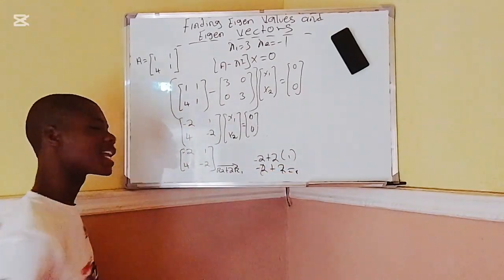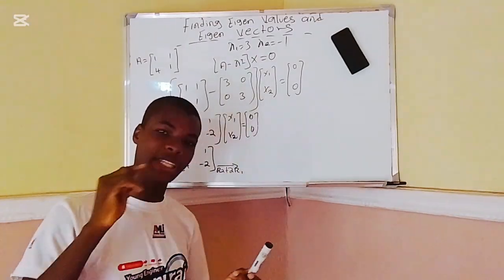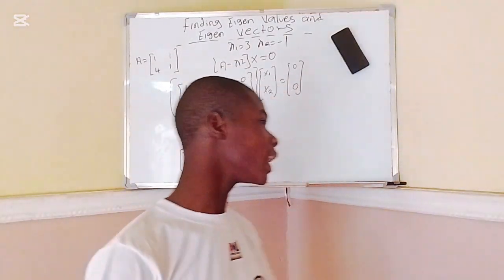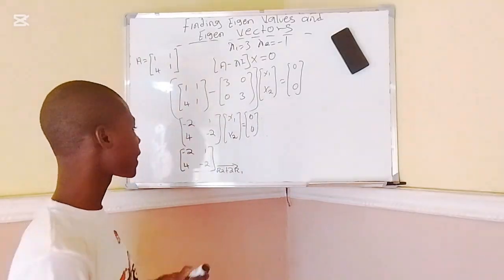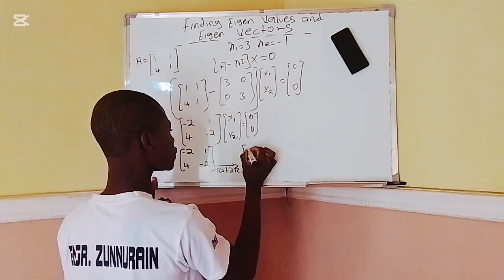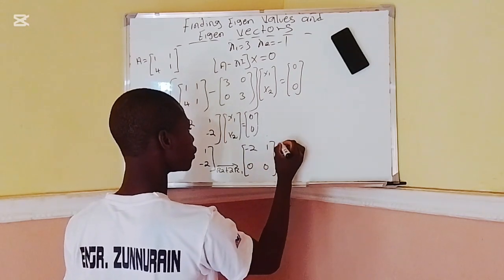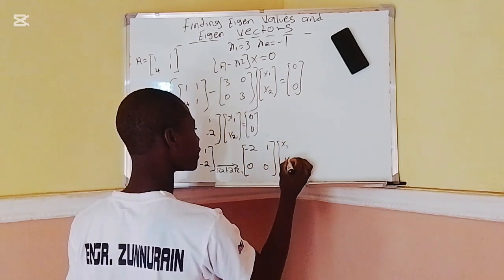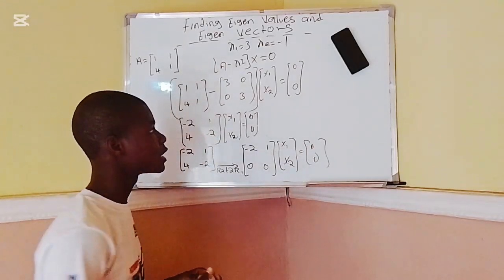Wow, it's the same thing as 0. So this makes it easy. You have to take note that in some cases, if you are going to find the eigenvectors, you must use the reduced row echelon form. So this will be minus 2, 1, and then 0, 0, times x1, x2, equals 0 and 0.